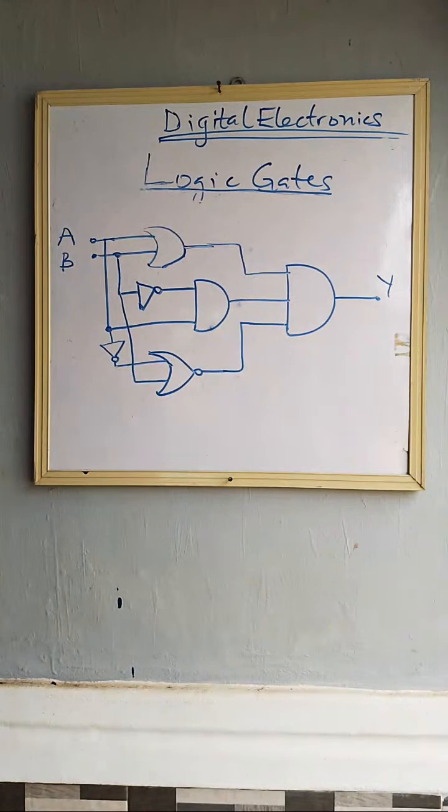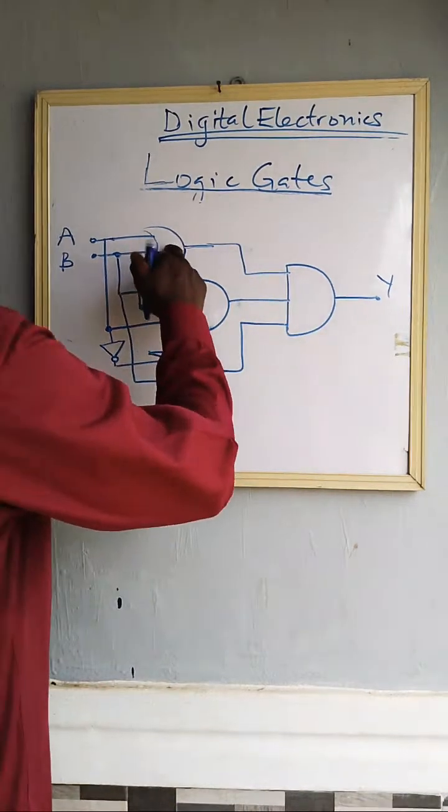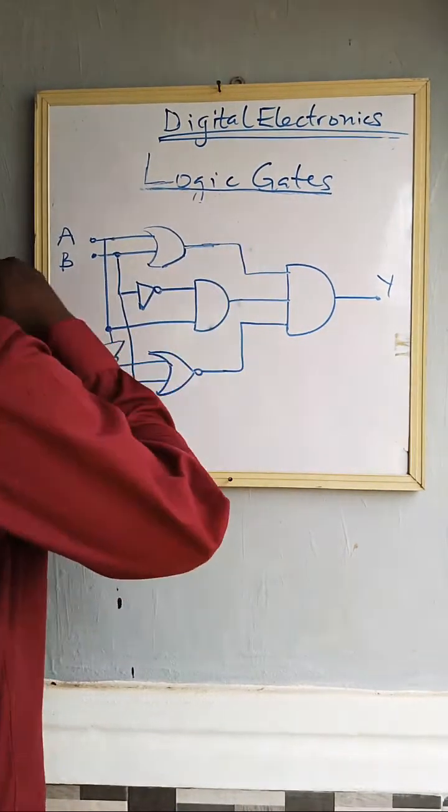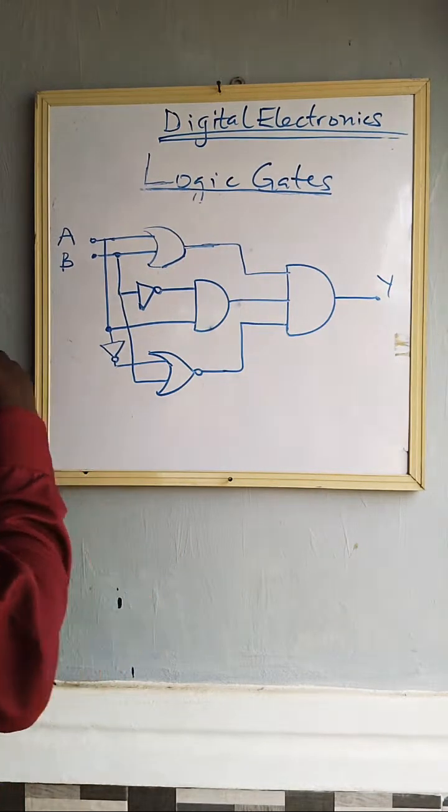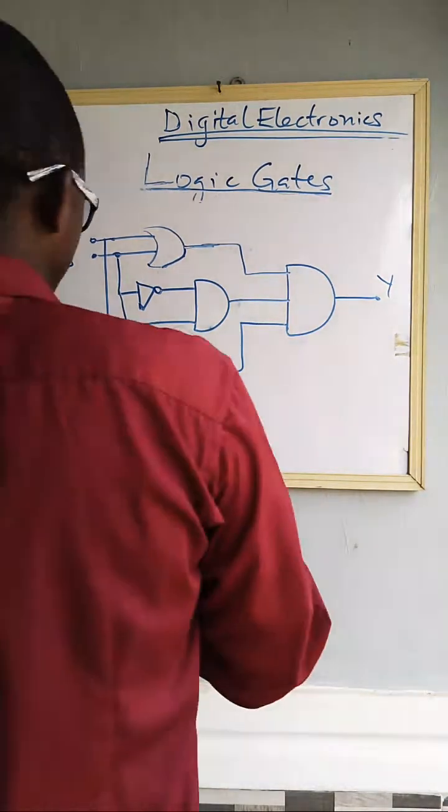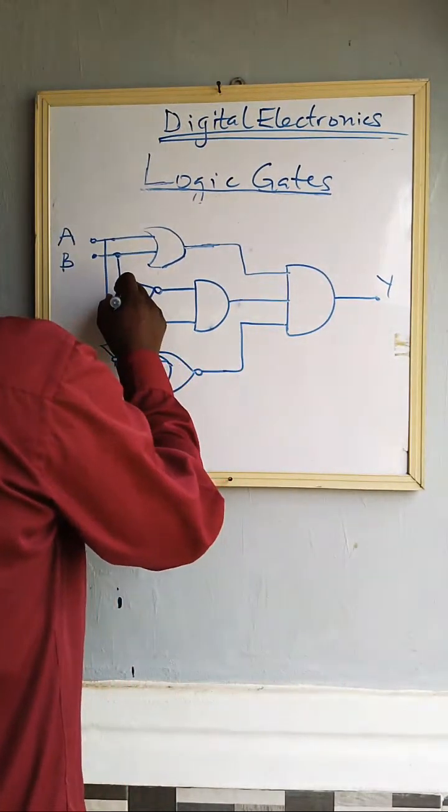Okay. What will happen at the output? We have an OR gate here. So if you look at the intermediate outputs, then we see what will happen.